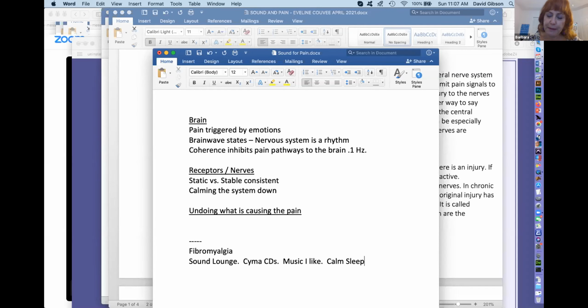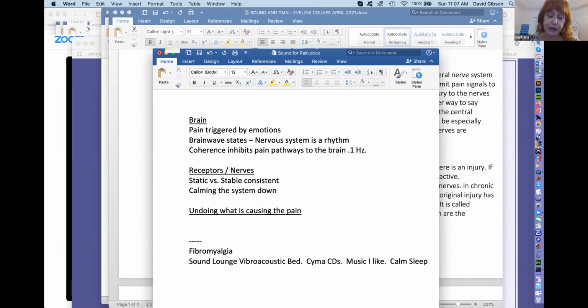So my specialty was pain management. If someone comes to me with pain, I have the pods and the vibroacoustic bed, and I'll find out what the main source of their pain is, whether it's bones or muscles or fibromyalgia.